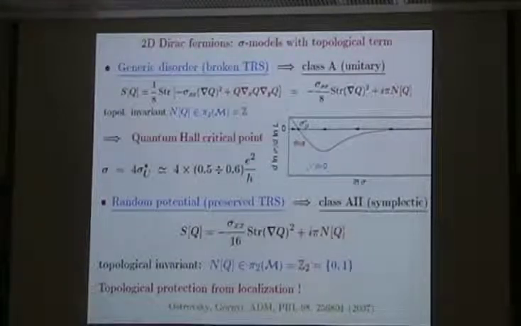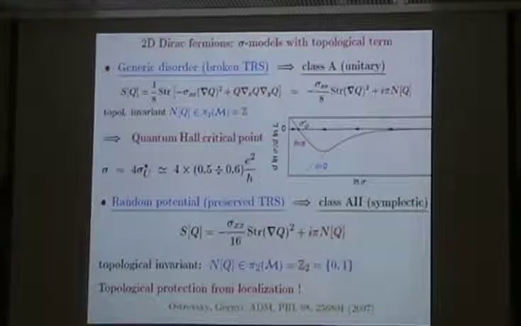The quasi-classical conductivity is here 1 over pi. You could say, okay, it's a metal, it's a symplectic class, the value is 1 over pi, below the transition point, so why wouldn't it localize after this? This Dirac fermion theory only tells you that you can go up to where diffusion starts, but then you should see what happens. In principle, you could expect that maybe it will localize there. Now, the fact that you have a topological term tells you that you can forget about this, you cannot localize.